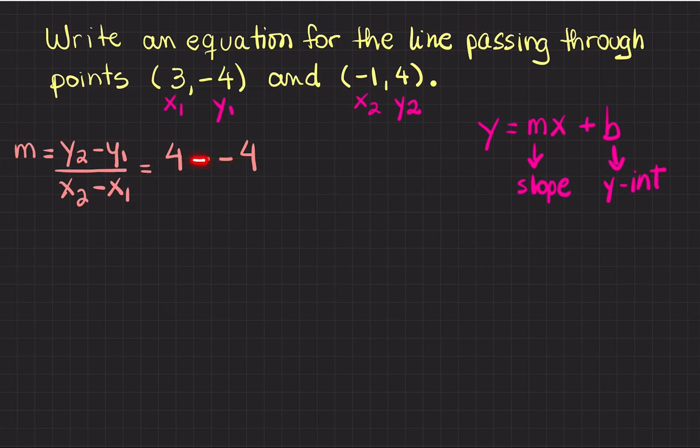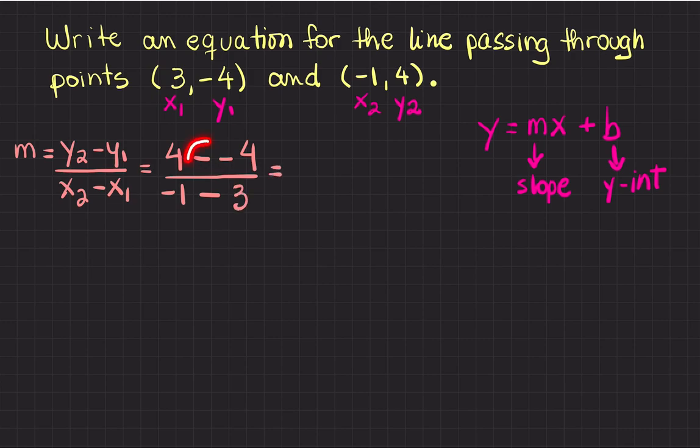The first negative is from the formula, and the second negative is because my number was -4. Let's plug in now x2. x2 is -1, so -1 here, minus from the formula x1, which is 3.